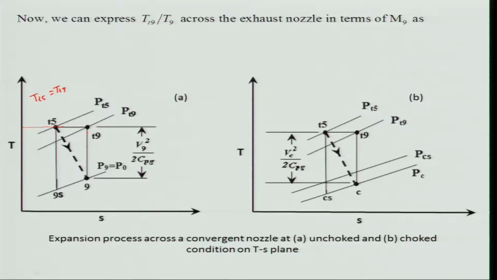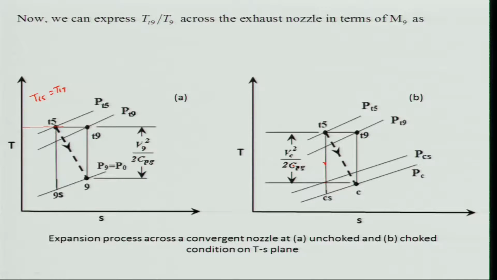But if it is a choked one, what will happen? If the process is taking place here, it is to be choked. This is a choked condition in a non-isentropic flow, but in the isentropic case it will be P s, which will be the same pressure, but in the actual situation it will be the isentropic critical pressure, that is V T square by 2 C g.